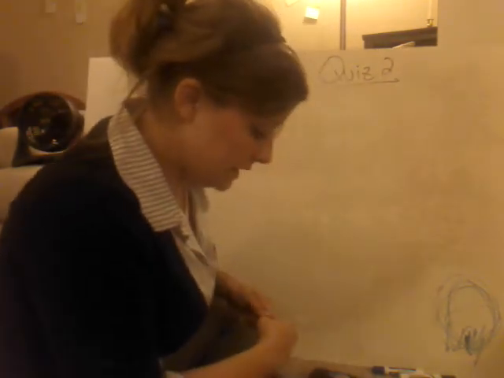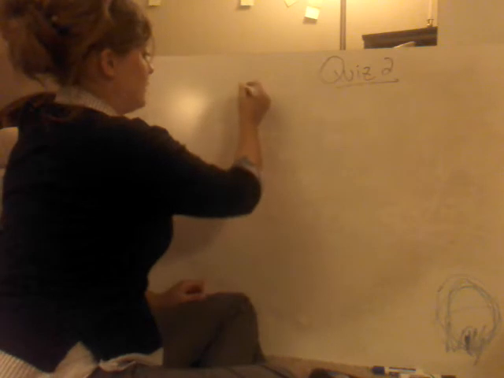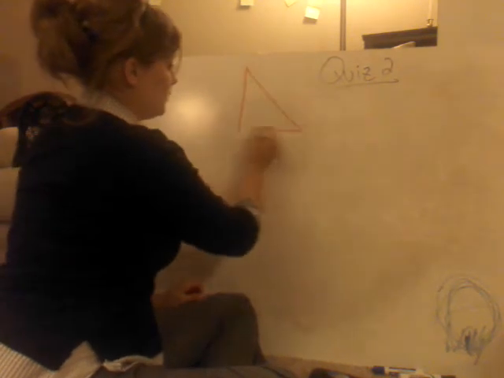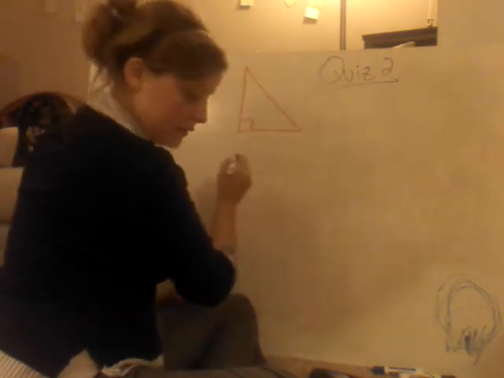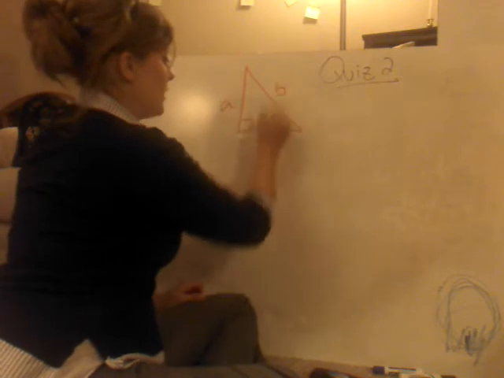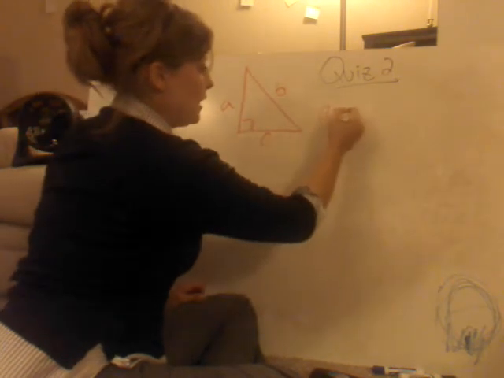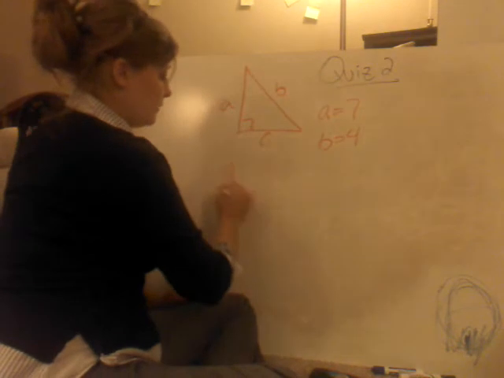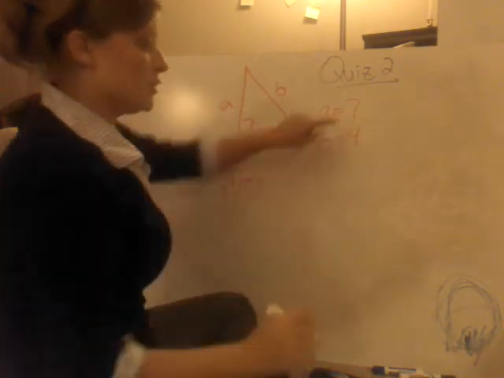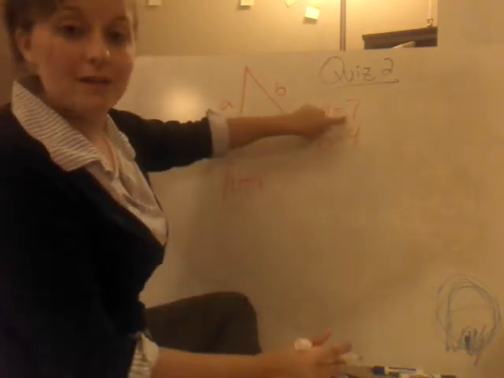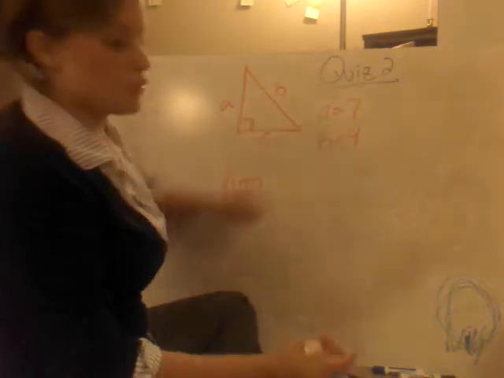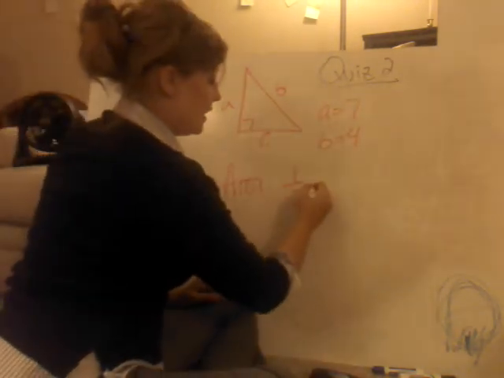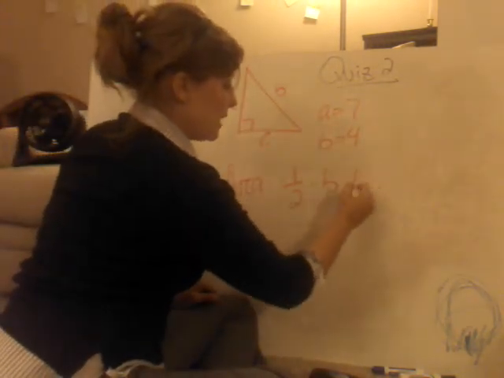Next step was 18. I wanted you to find the area of the triangle. I tell you that this is A, B, and C. A equals 7, B equals 4. The area, a lot of people just multiply these two by each other. That's not what it's for a triangle. Triangle is 1/2 times the base times the height.